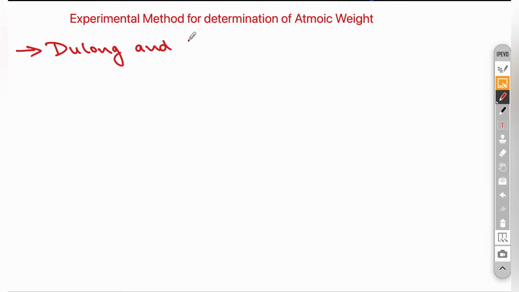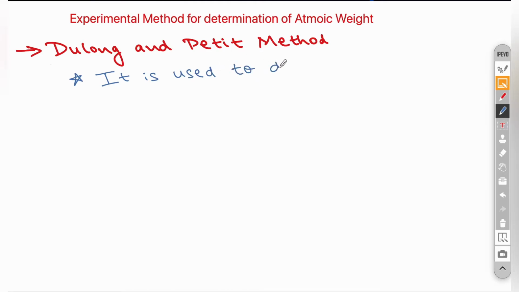For this purpose we have Dulong and Pettit method. We'll write about it. First of all, it is used to determine atomic weight of metals. This method is used for metals.